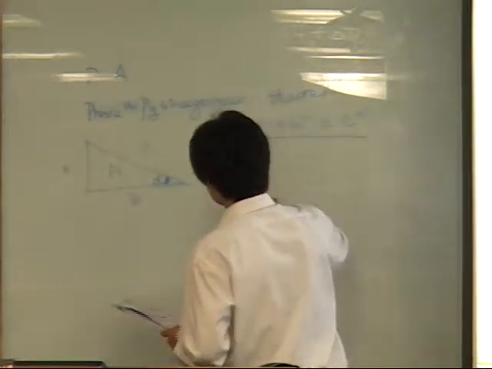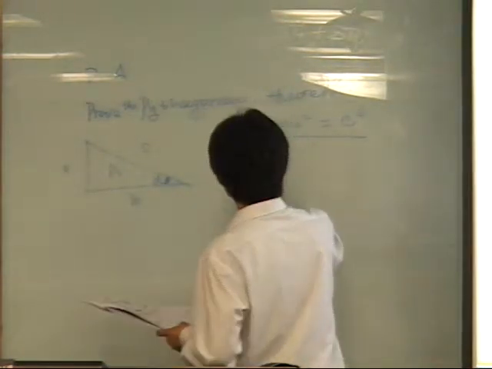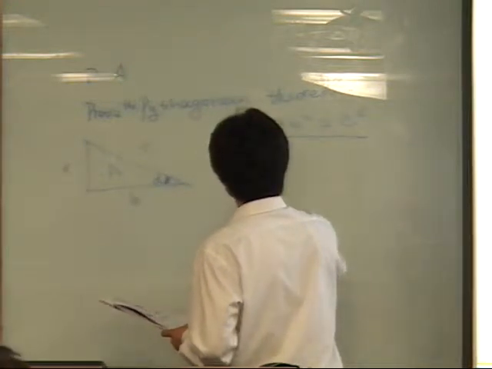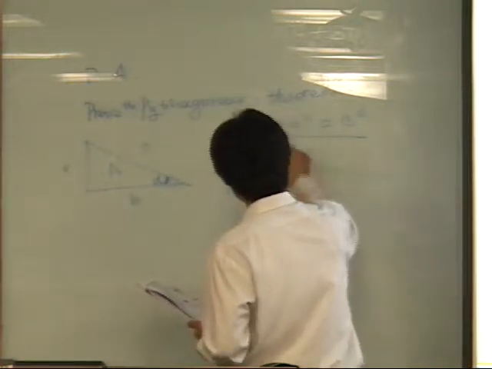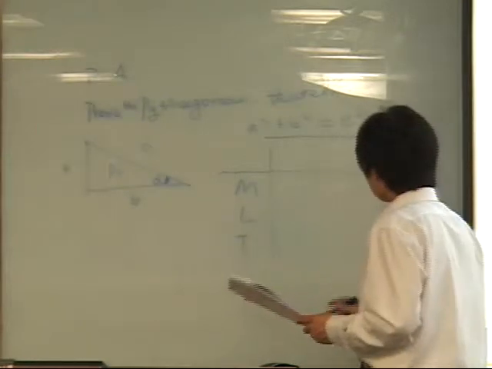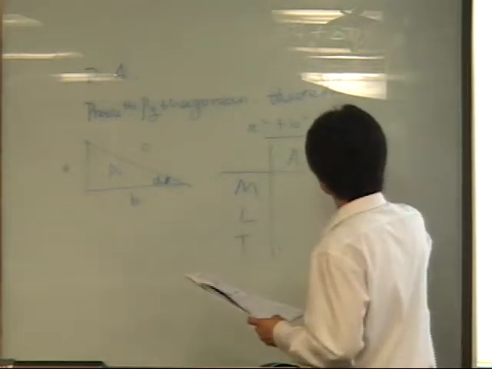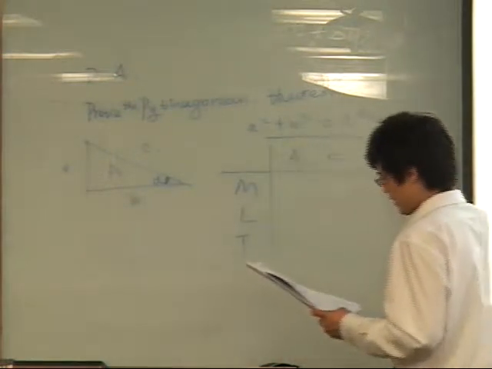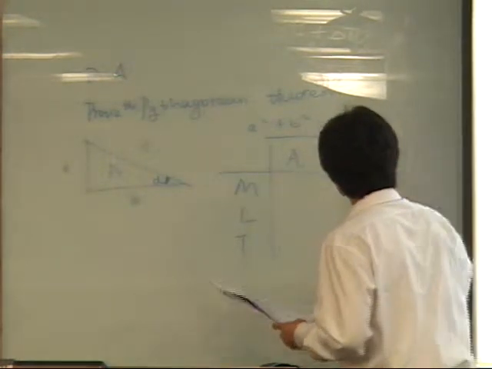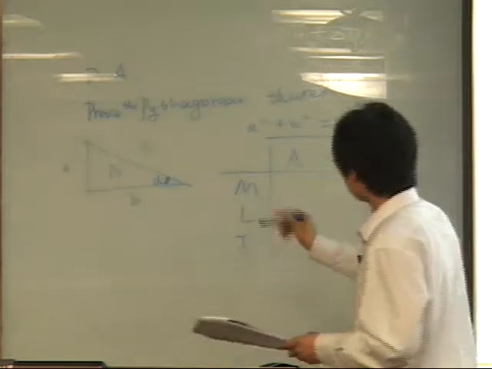The first thing is we identify M, L, T. So knowns: the area, the length of the side, and then the angle.